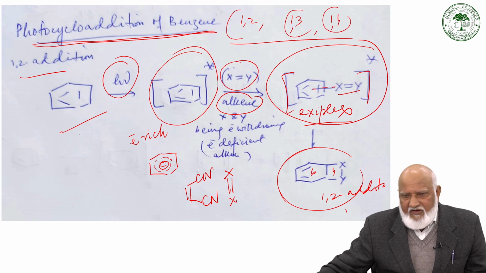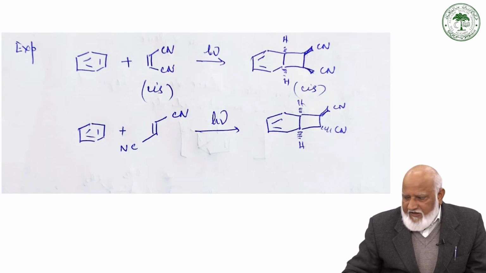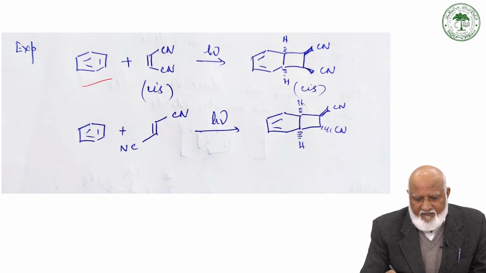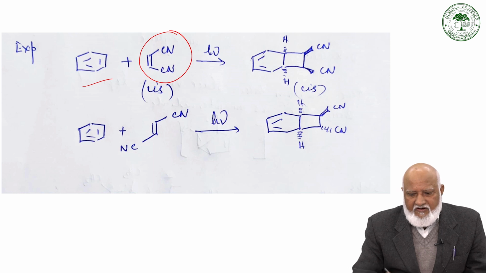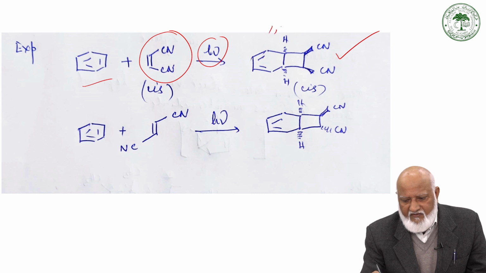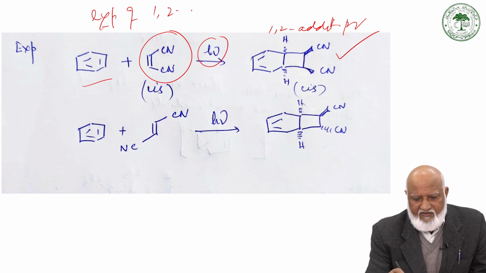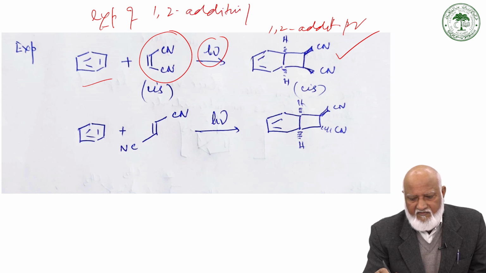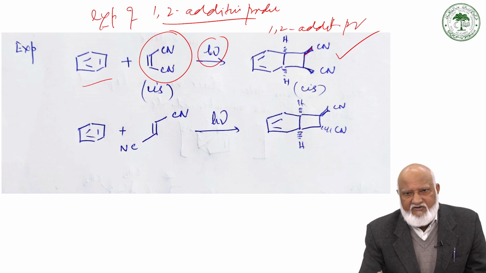A 4- and a 6-membered ring is formed in the case of benzene. Some of the few examples are shown here. Benzene can react with cis dicyanoethylene under photolytic condition to give this 1,2 addition product, and you can see that the stereochemistry is retained.